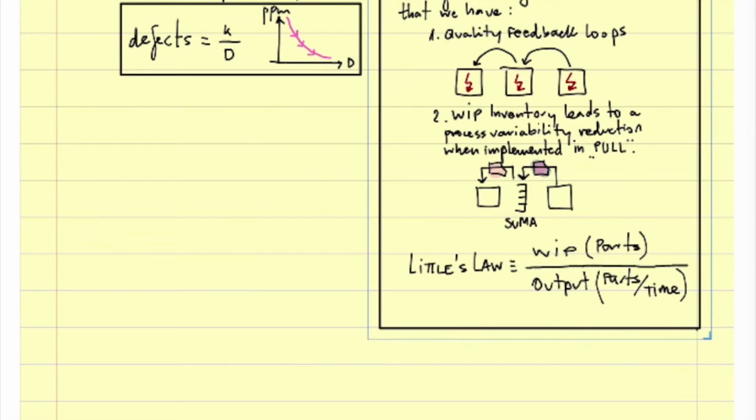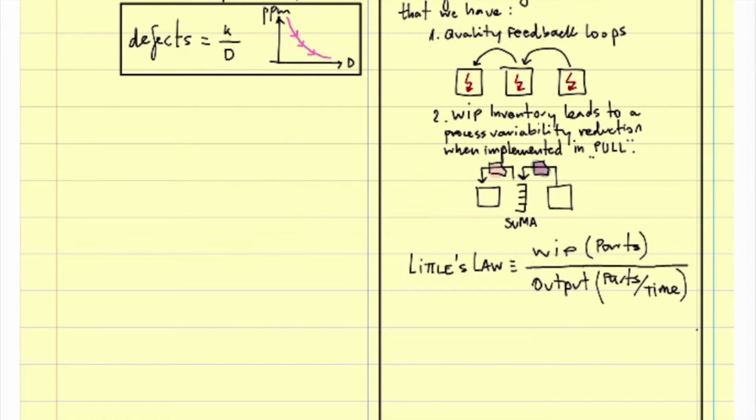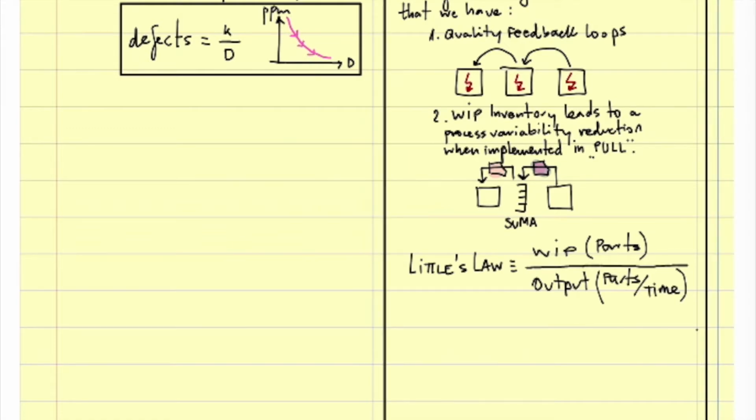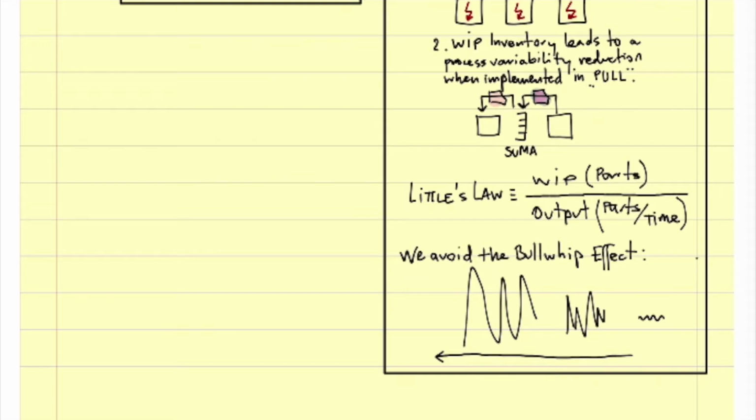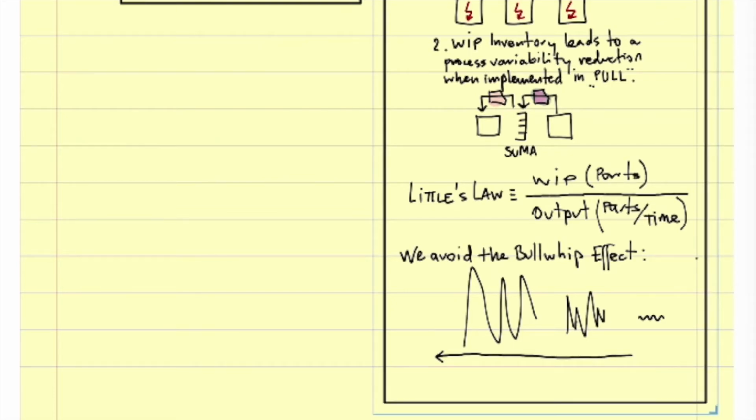Can somebody tell me what the bullwhip effect is? Bullwhip. So we are avoiding the increase of variability throughout the value stream. Okay, this kind of stuff you should know by heart.